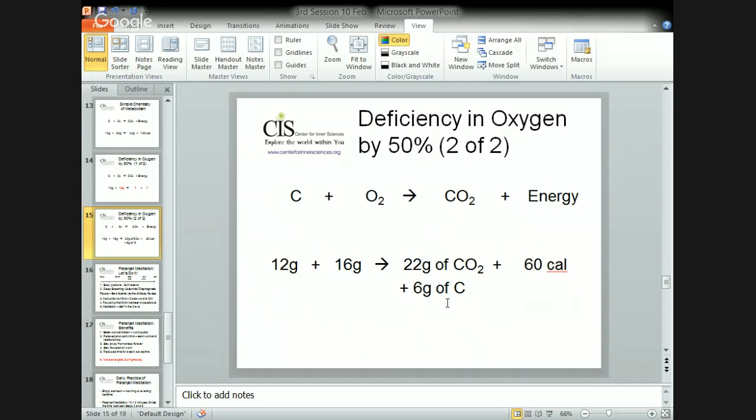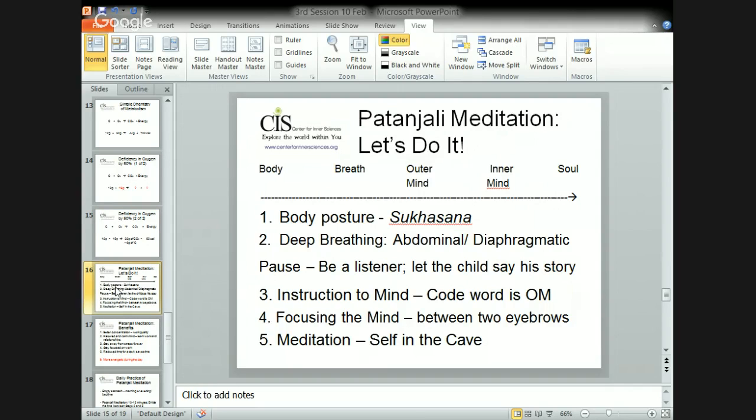But not that easily. It has to be processed by the liver and kidney to get all kinds of toxins out of it. You are putting in energy to process it, and you are not getting anything out of it because your oxygen supply was deficient. So that's what tells us we should be very grateful to Patanjali.